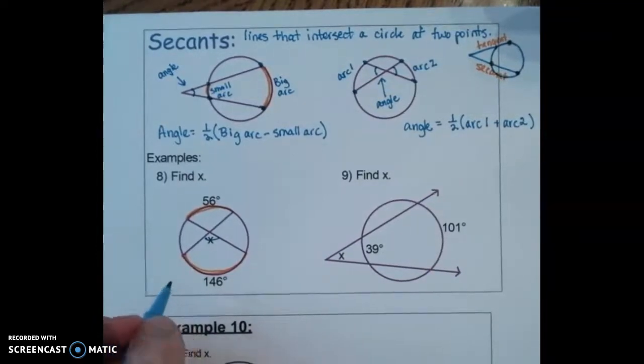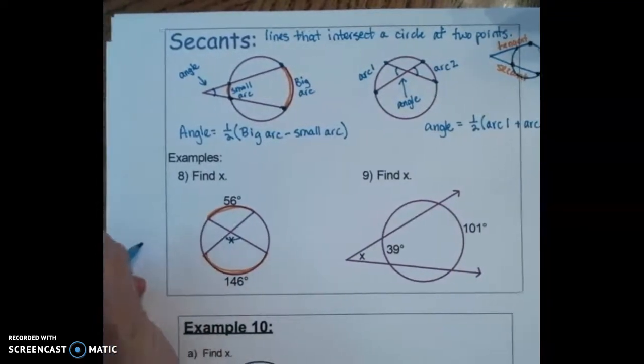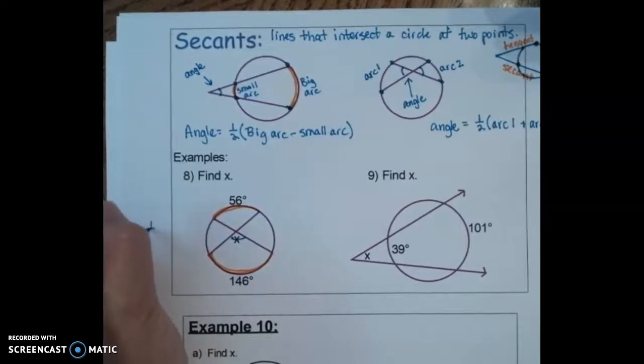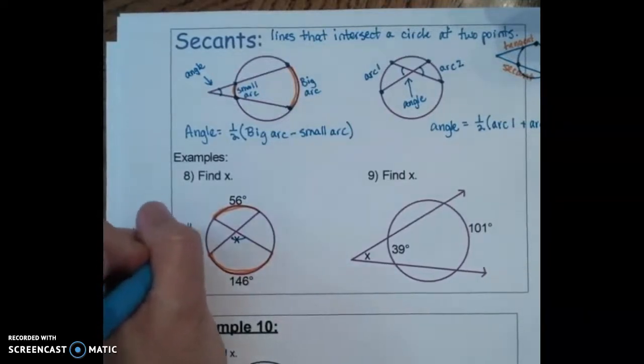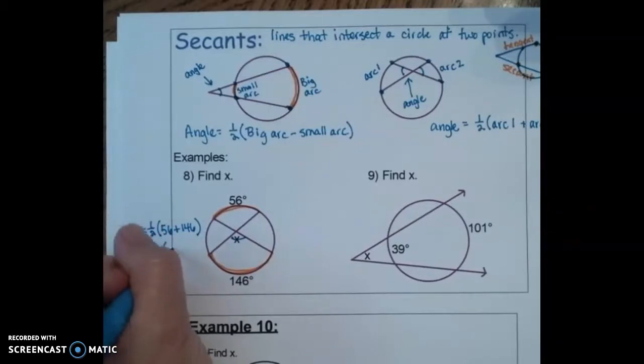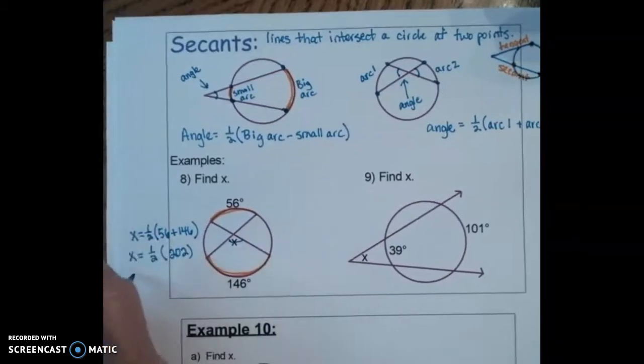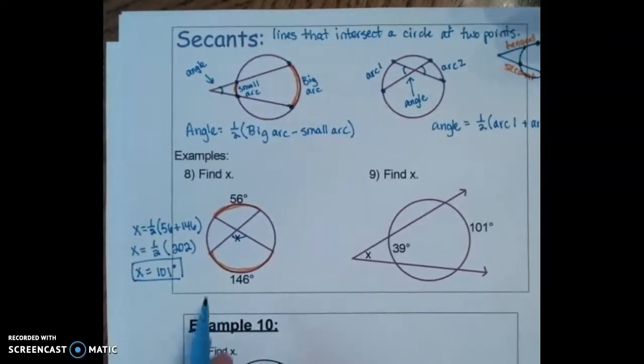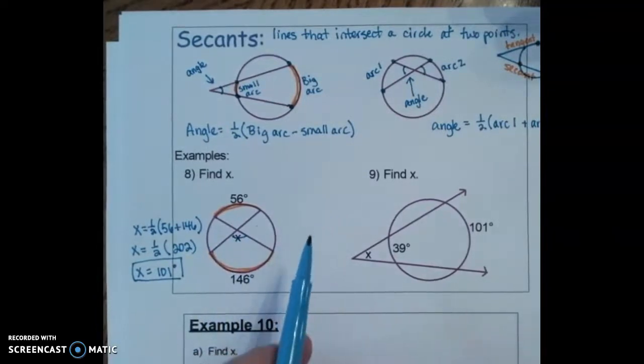So to find this angle, we're going to say 1/2 of arc 1 plus arc 2. Again, it doesn't matter what you call arc 1 and arc 2. So if I add these together, I'm going to get 202, and half of that is 101 degrees. So that's an example of finding an angle that's created on the inside of the circle by two secants.